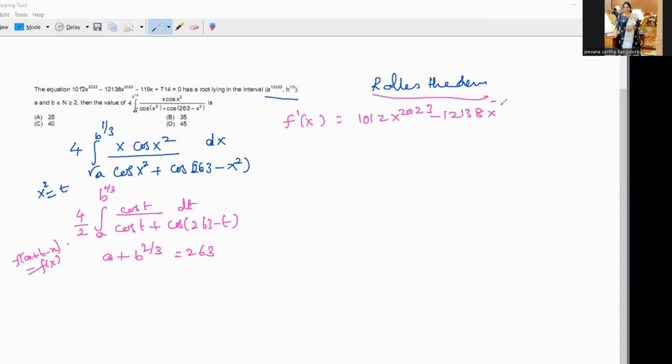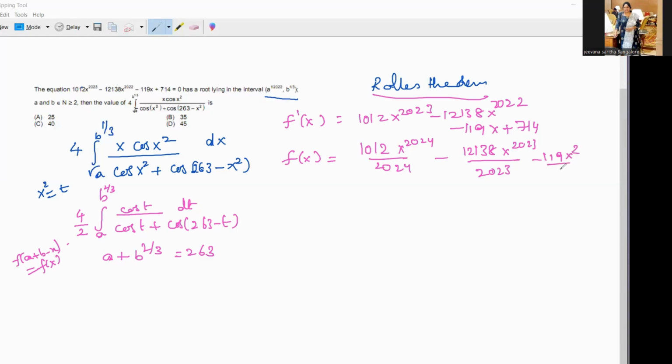12138 x raised to 2022 minus 119x plus 174. Defining f of x by integrating, it would give x raised to 2024 by 2024 minus 12138 x raised to 2023 by 2023 minus 119 x squared over 2 plus 714x plus c.